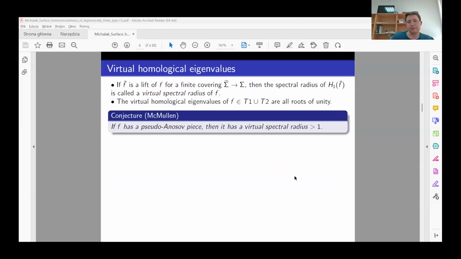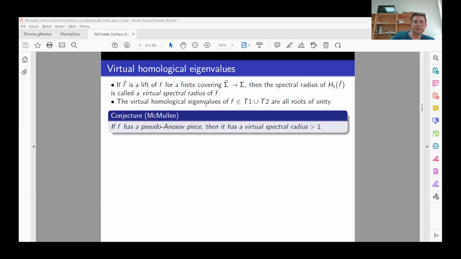But it turns out that the symplectic representation of a given map cannot be used to distinguish in general the type of mapping classes. But if we consider all lifts of a mapping class with respect to some finite covering of a surface, and then consider the symplectic representation of this lift, in particular we can calculate the spectral radius of the induced symplectic transformation.